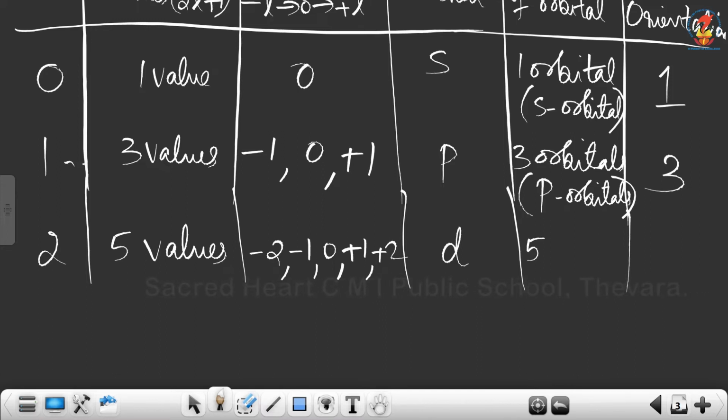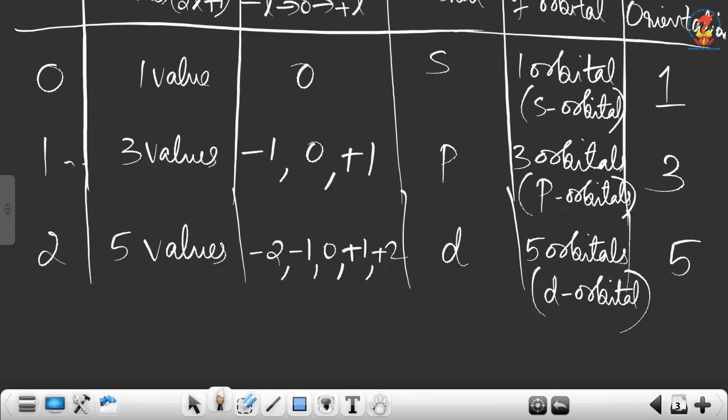How many orbitals? 5 orbitals, because the number of orbitals is given by 2l plus 1. So we have 5 orbitals, and the name is D orbital. The number of orientations is the same as the number of orbitals, so 5 orientations are possible for D orbital.